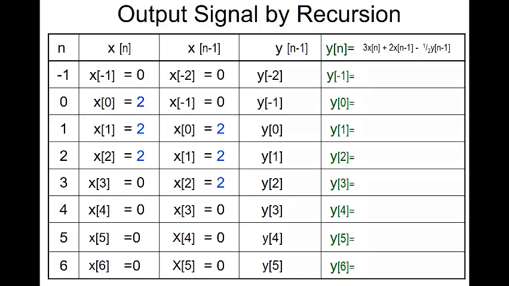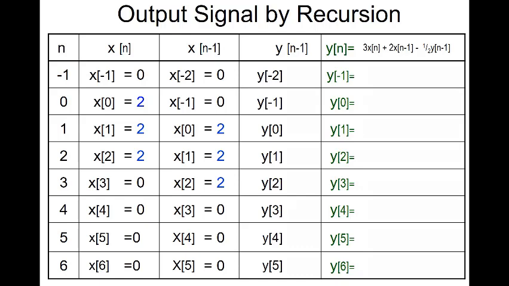I'm going to do the same thing on this y of n minus 1 term, but first I need some y of n's. All right? And so I'll go across the top to find y at minus 1. I'm going to take 3 times this x of n, add it to 2 times this x of n minus 1, take off half of this y of n minus 1, and y minus 1, I don't have anything there.